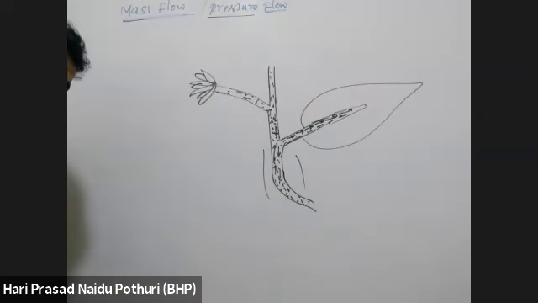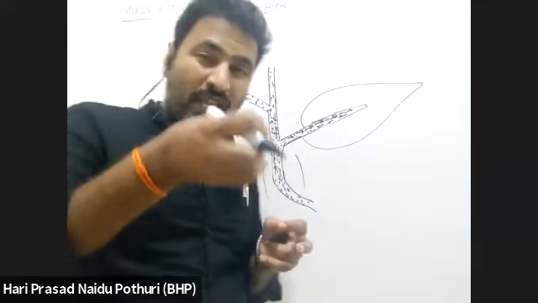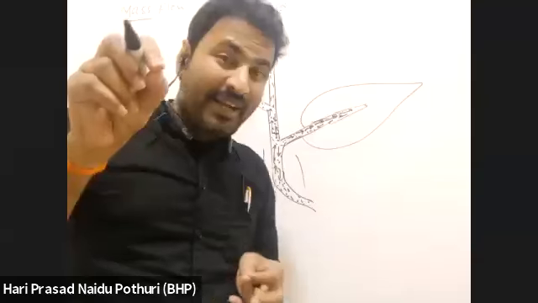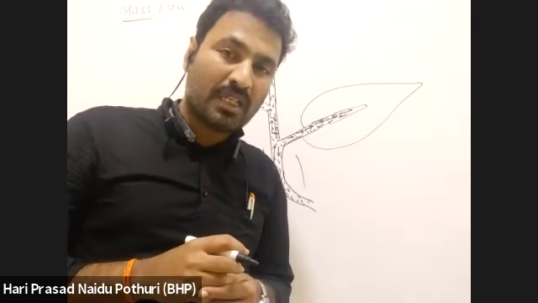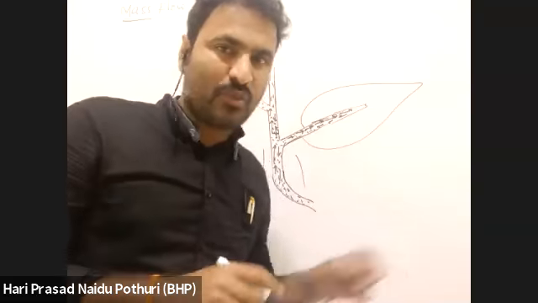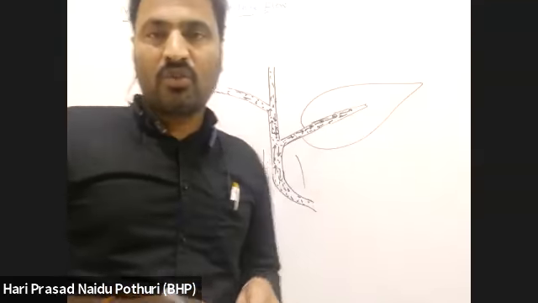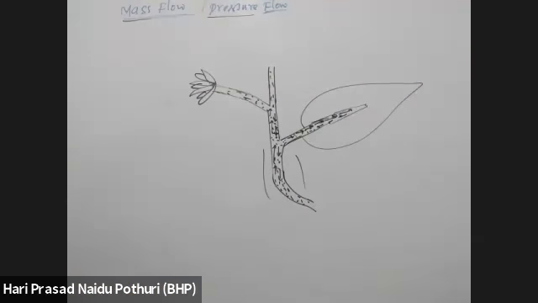What happens during that transport? How is loading of sugars taking place? Minerals are loaded into the xylem with the help of active absorption or passive absorption, or both. Just now I told you. How are these sugars loaded here?